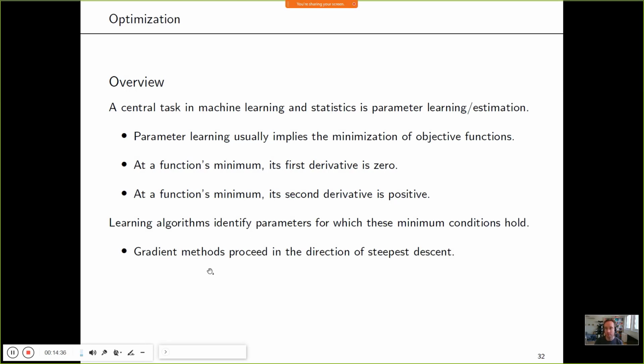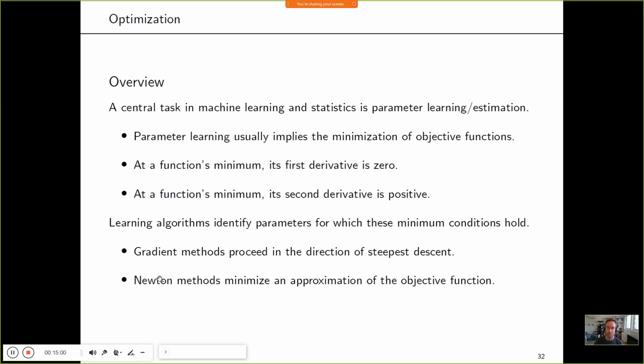These are the algorithms in optimization, and they can proceed in different ways. We will look at the gradient method that proceeds in the direction of steepest descent of a function, which is somewhat useful. And we will see Newton methods, which basically minimize an approximation to a function.